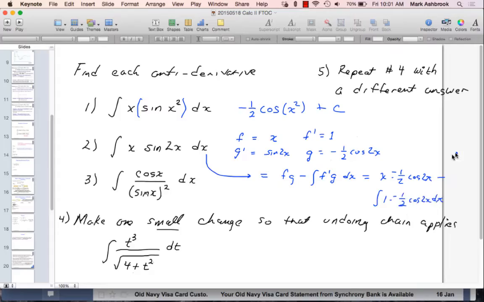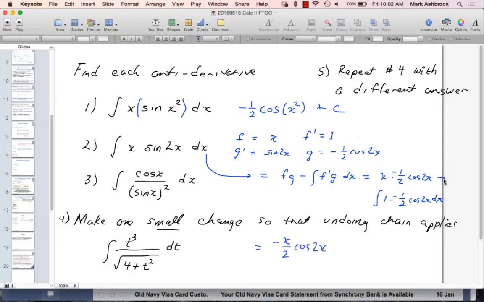So this is the kind of thing you were doing for homework for today. And so is that the whole point? Is this a more manageable antiderivative than what we started with? Yes, because it's essentially just cosine 2x. So our answer is going to be negative x over 2 cosine 2x, plus, since minus times minus makes plus, the antiderivative of cosine, which is sine.